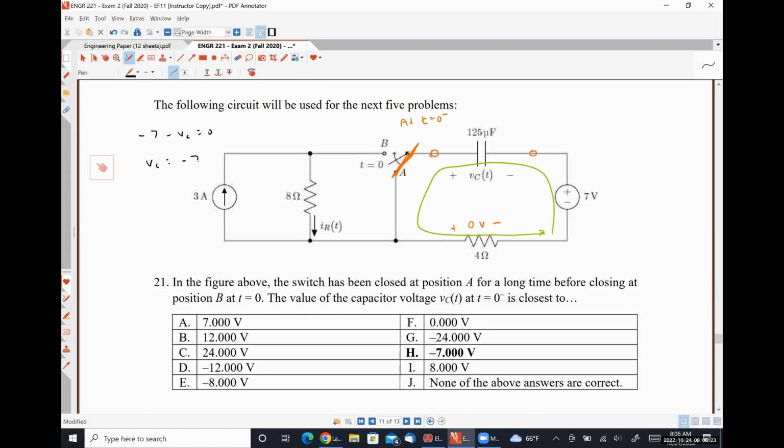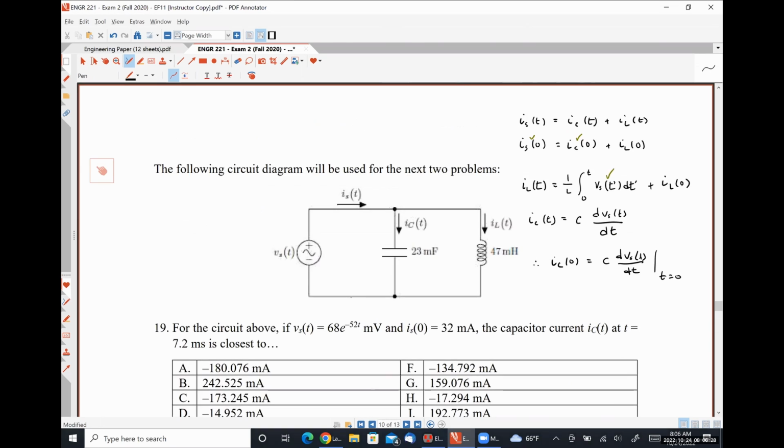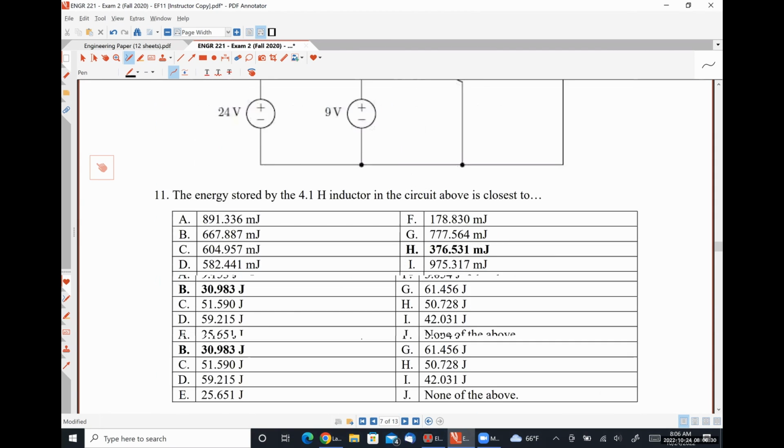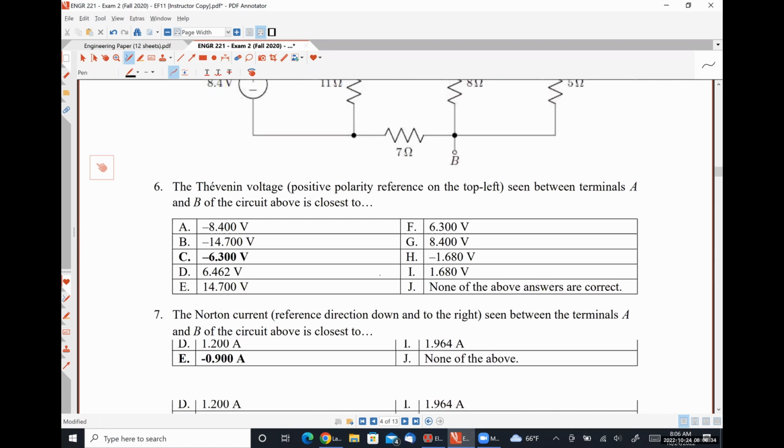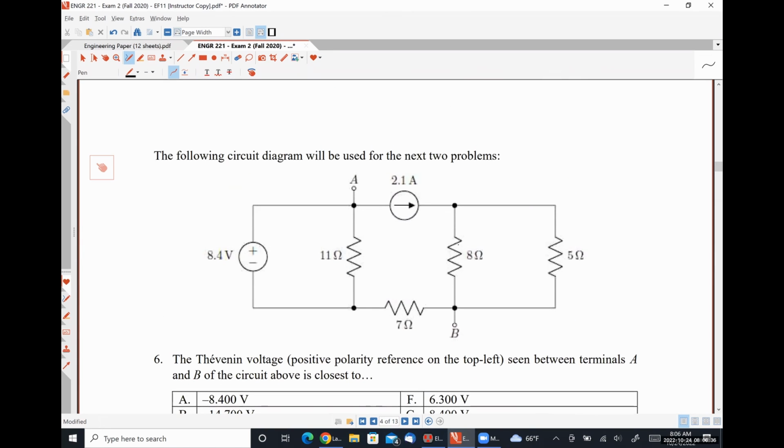Next question. So we're finding the Thevenin equivalent between A and B. So let's define our Thevenin voltage as this voltage.